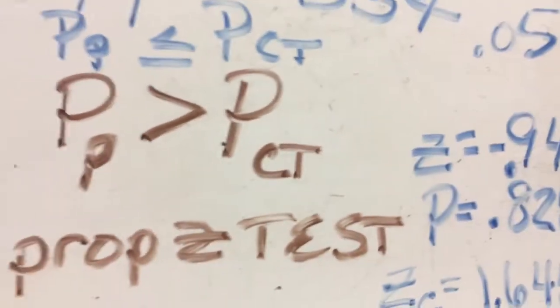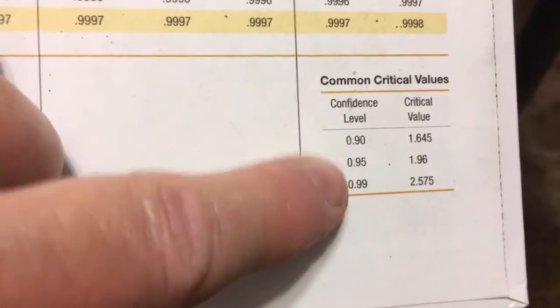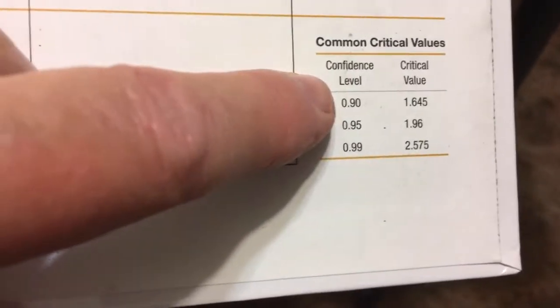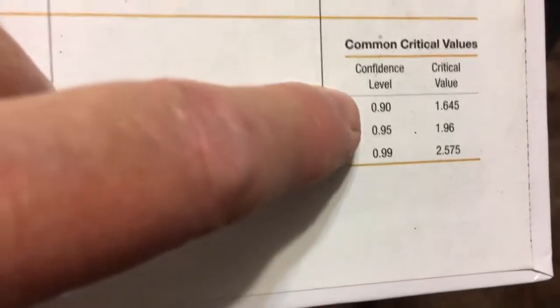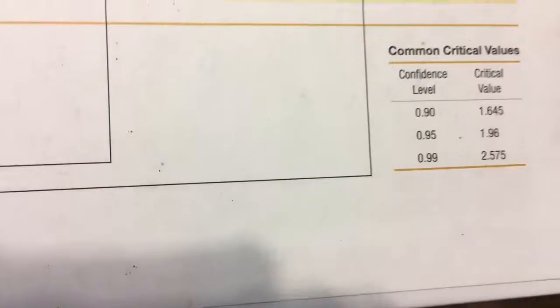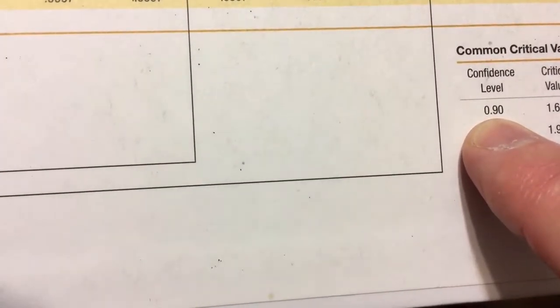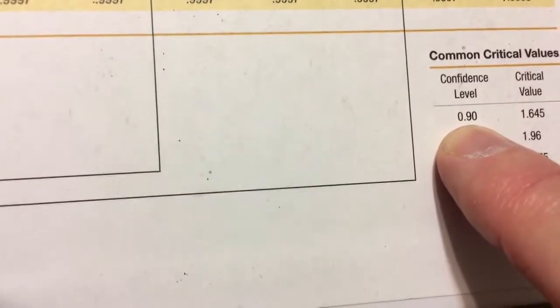So we have 0.05 in one tail, which means, remember these confidence levels down here have the alpha split into 2 tails. So since I have a 0.05 in one tail, that's going to be the same as a 90% confidence level, because 90% would have 0.05 in each tail.